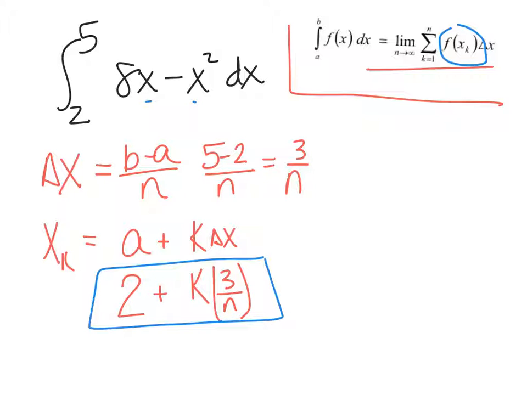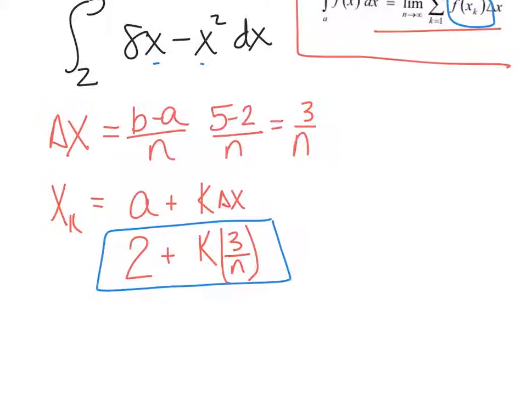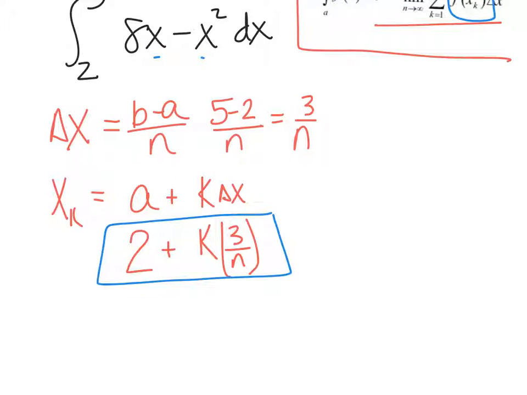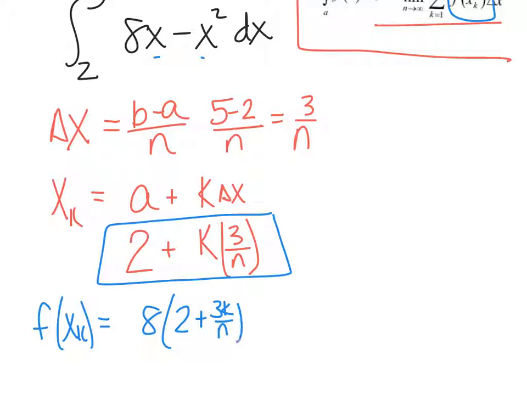In this case, it's a little more complicated because there are 2 x's, unlike the previous question where we only had 1 x. So my f of x sub k is equal to 8 times (2 plus 3k over n) minus (2 plus 3k over n) squared.